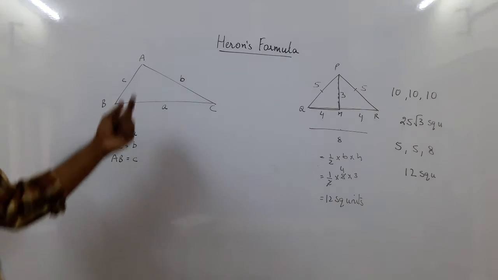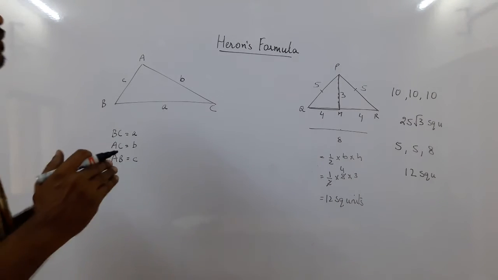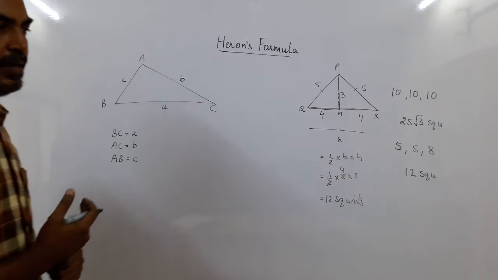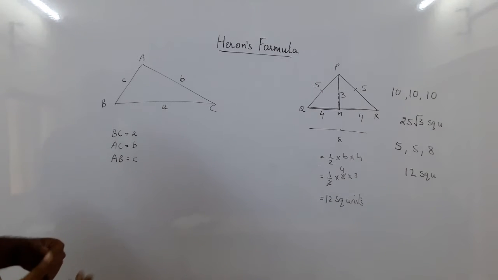So in this triangle, you should know the base and the altitude. Now when the base and the altitude are given to you, you can easily find the area. You saw in the first sum we had the base, we had the altitude, we found the area.